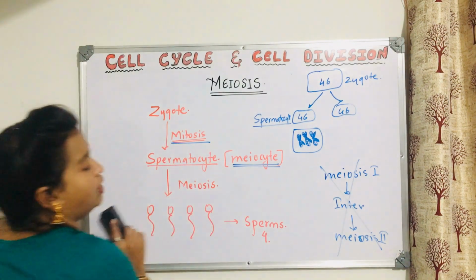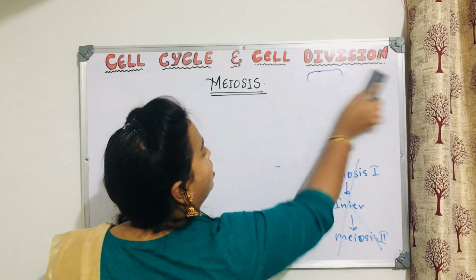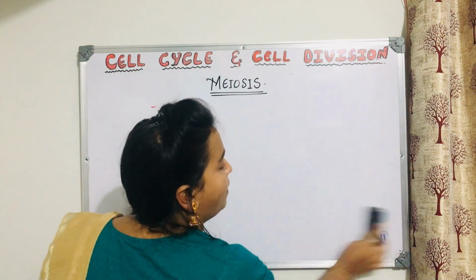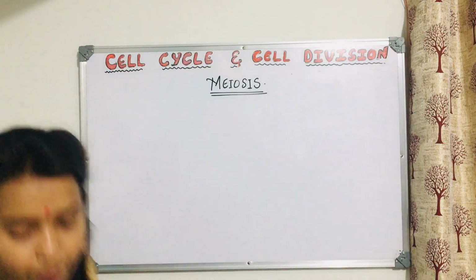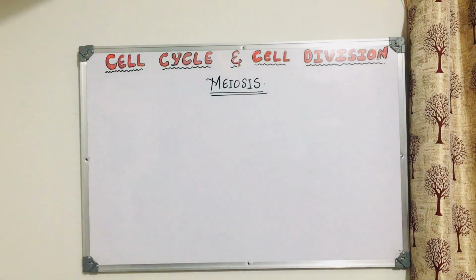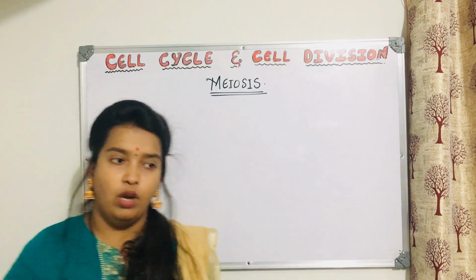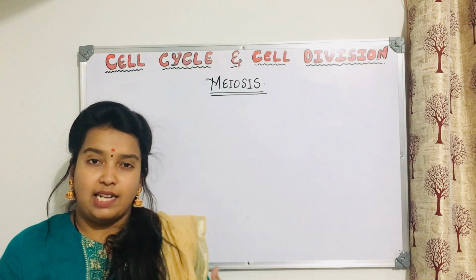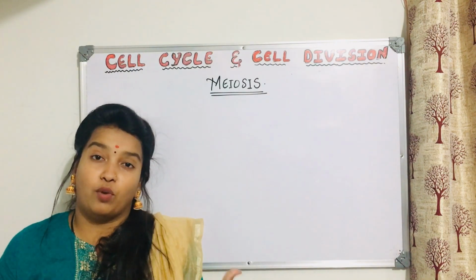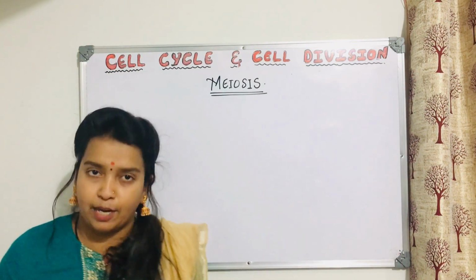Coming to the last thing, we discussed homologous chromosomes, pairing, and all those things. I want to explain that before going to the actual process of meiosis, because if you don't understand what homologous chromosomes are and what recombination is, you will not understand meiosis properly.